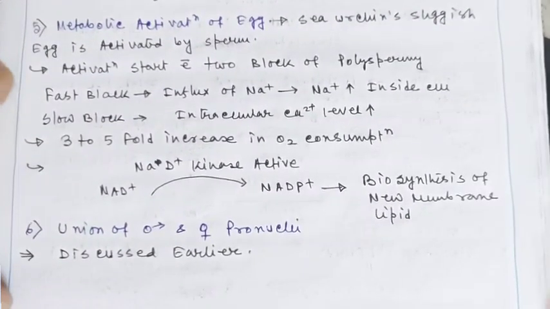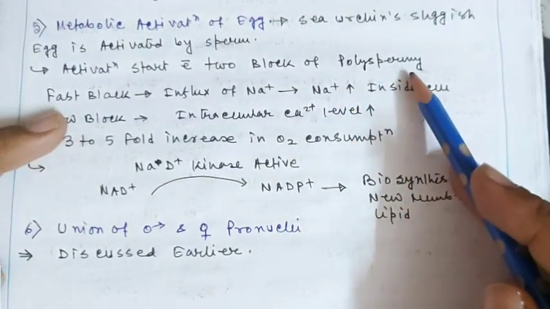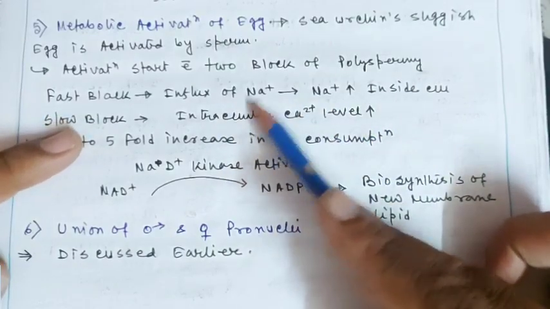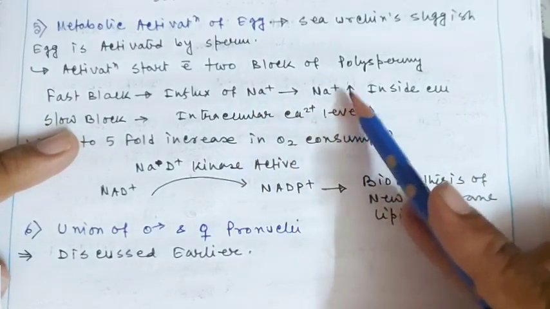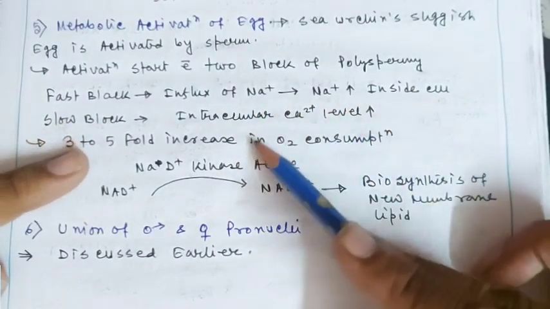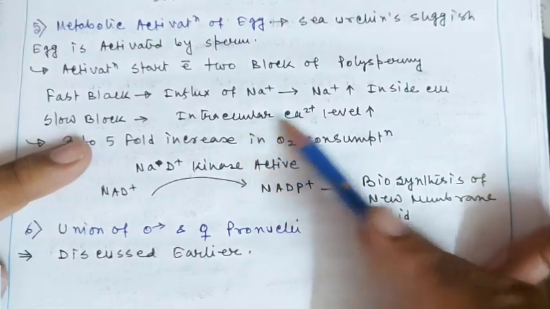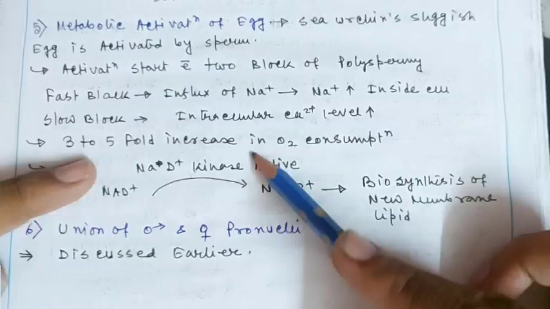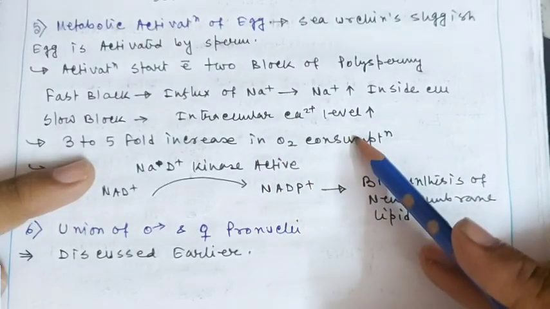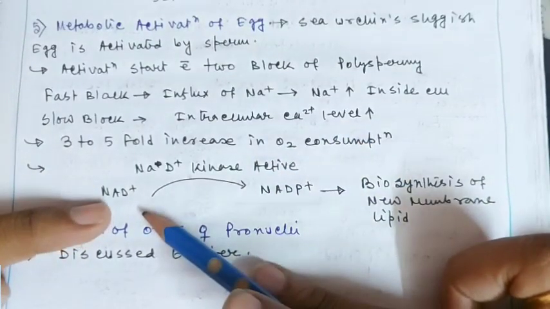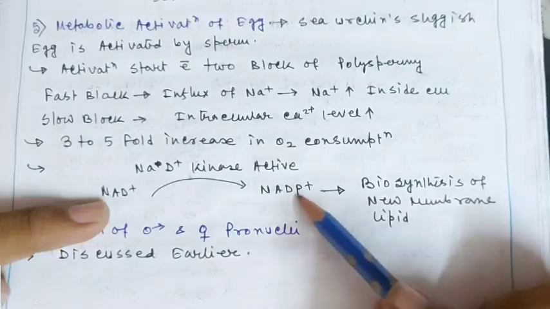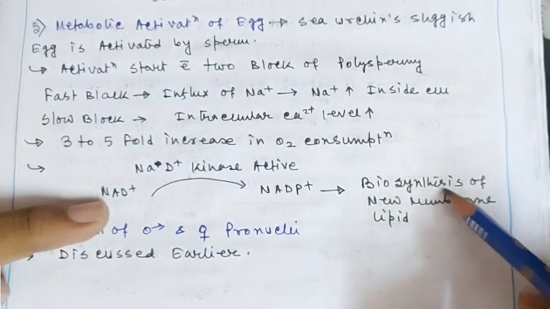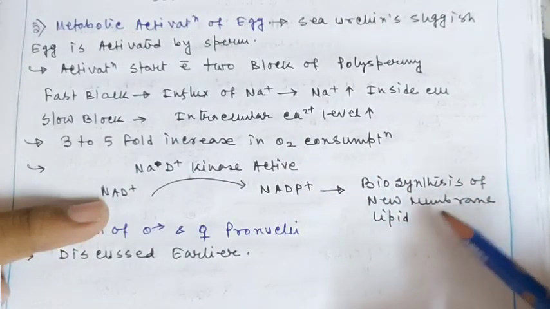Activation starts with the two blocks of polyspermy. The first block is the influx of Na+, so Na+ ions will increase inside the cell, and the slow block causes an increase of intracellular calcium level and a 3 to 5 fold increase in oxygen consumption, so that NAD+ will be converted into NADP+, and this leads to biosynthesis of new membrane lipid.